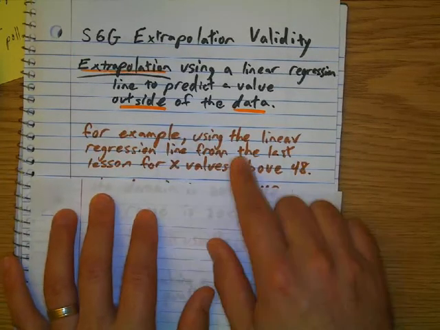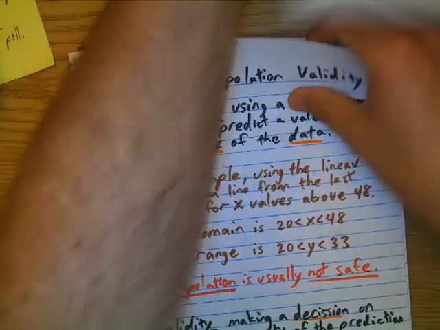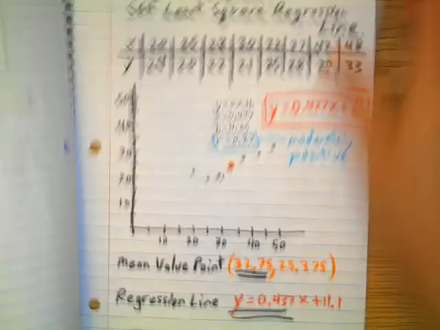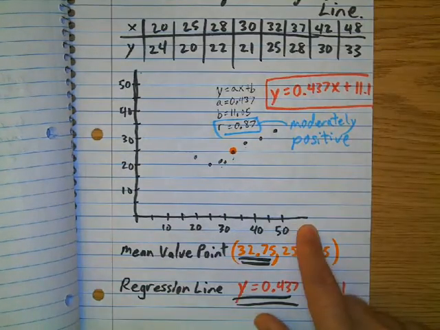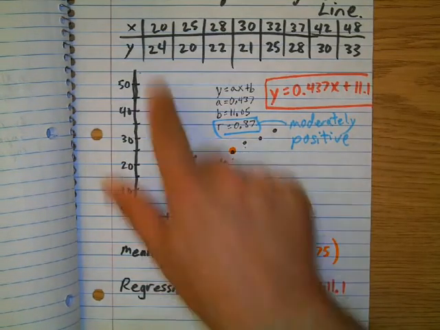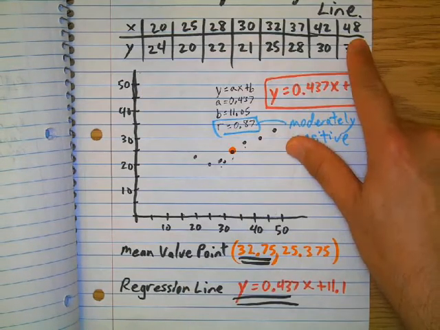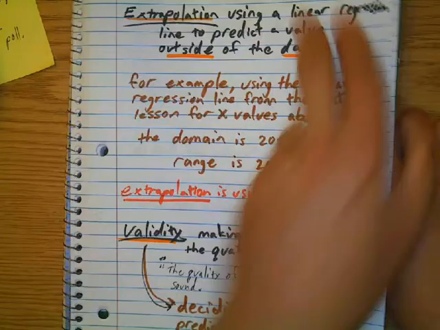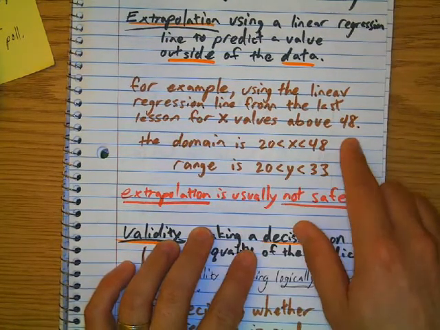An example of using linear regression, if we look at the example that we did the other day, here we had this graph, and our data started at 20 for x and ended at 48. So extrapolation would be if I used values of x greater than 48.